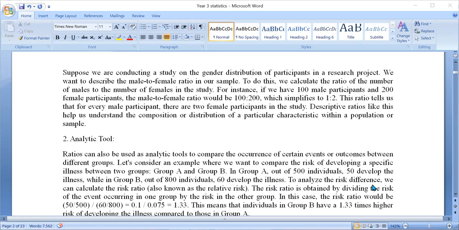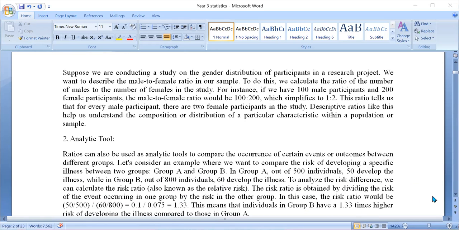To analyze the risk difference, we can calculate the risk ratio, also known as relative risk. The relative risk ratio is obtained by dividing the risk of the event occurring in one group by the risk in the other group.